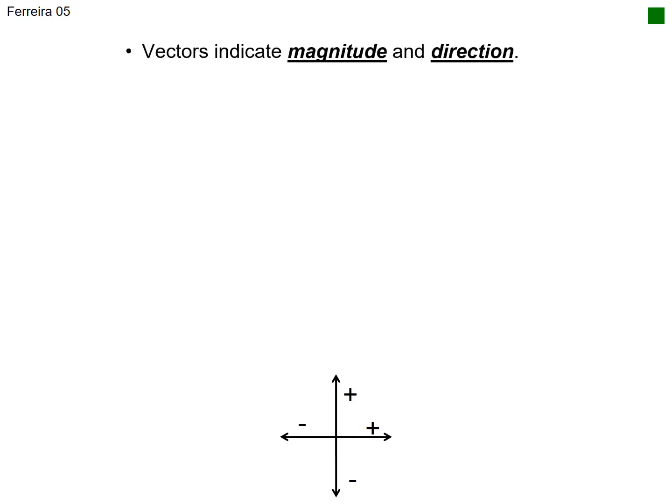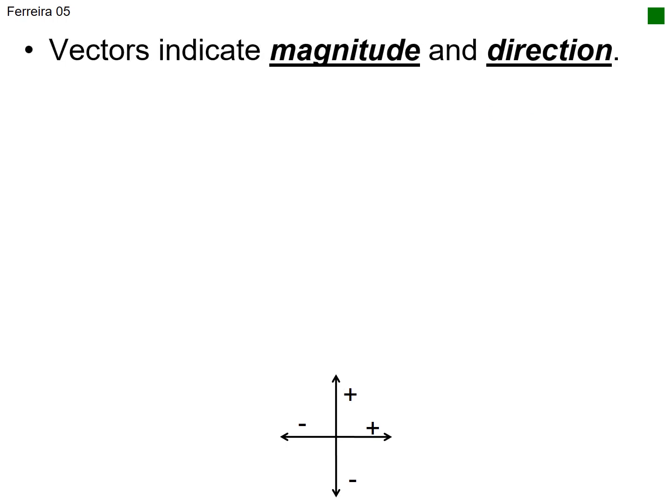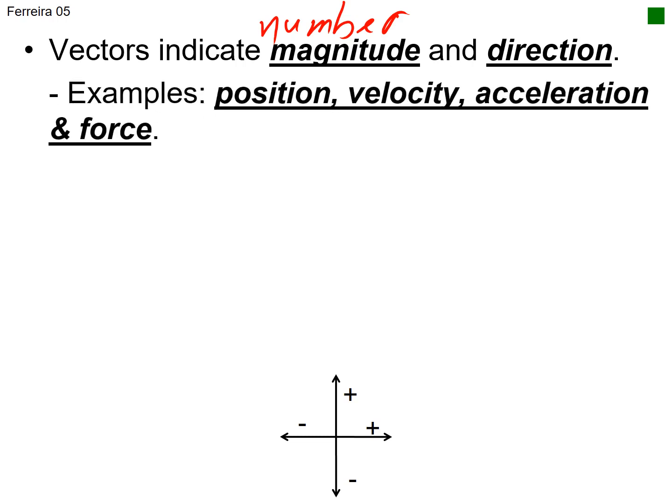Okay. Next we have vectors. Vectors have a magnitude, which again means that it has a number associated with it and a direction. So vectors do take into account the direction. Okay. Examples are position, velocity, acceleration, and force.